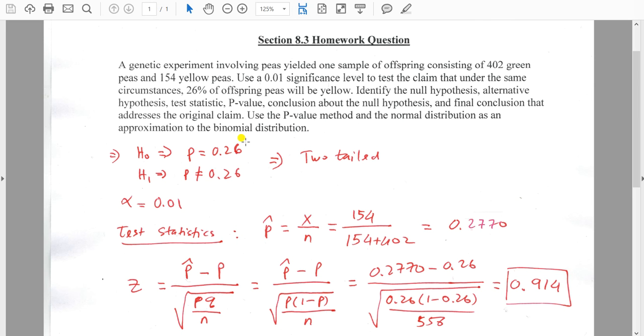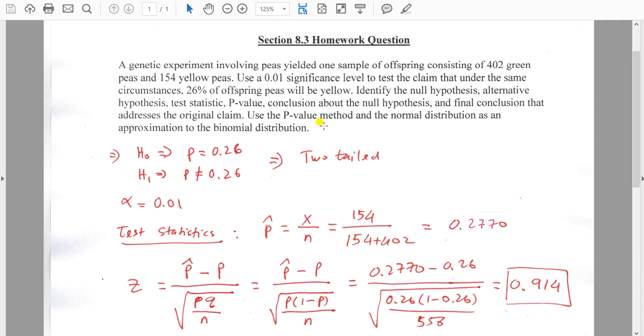Because we want to test to see if this is true or not. Now once we have the null hypothesis, what is the alternative hypothesis? Either we get 26% or we do not have 26%. So therefore your alternative hypothesis should be the proportion is not equal to 0.26.